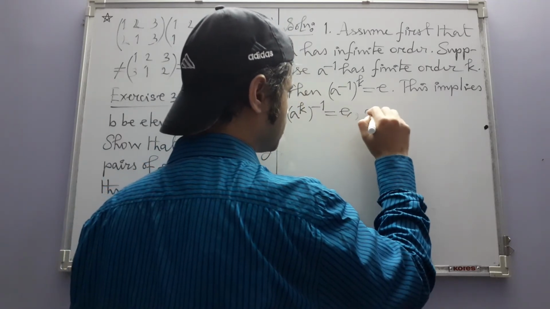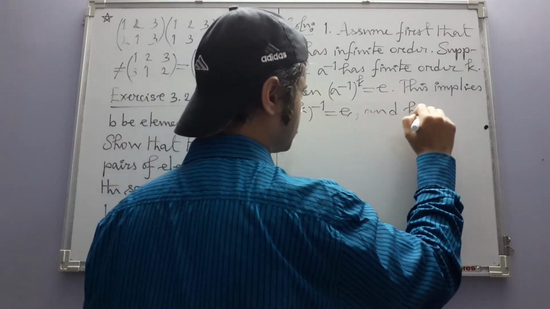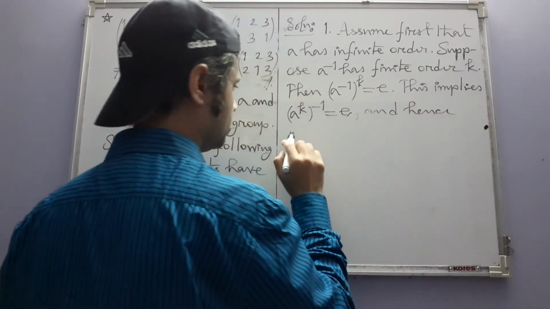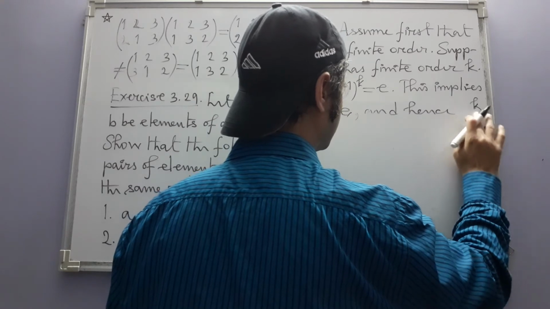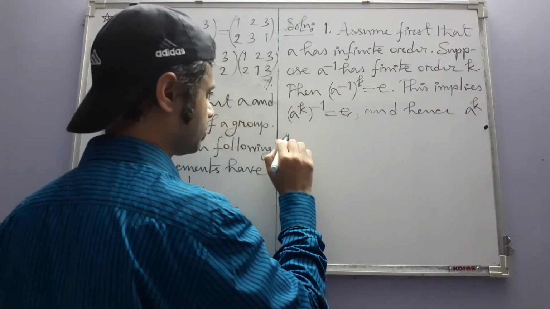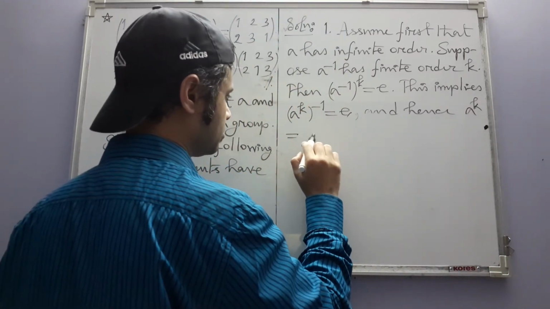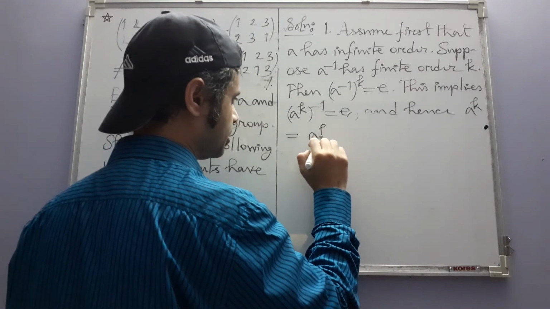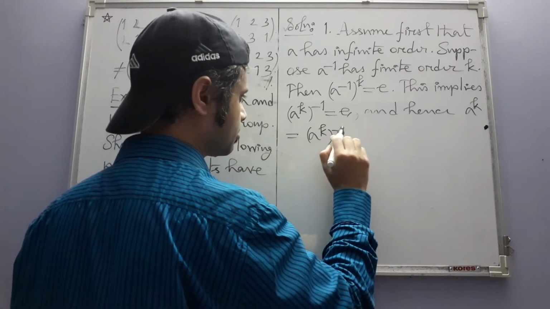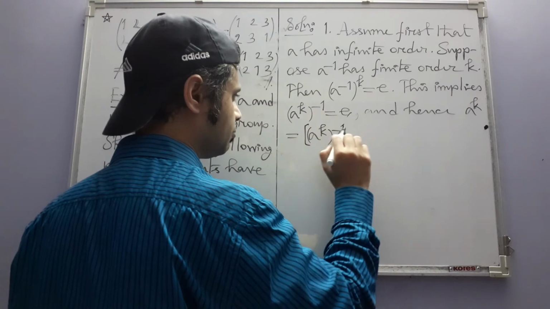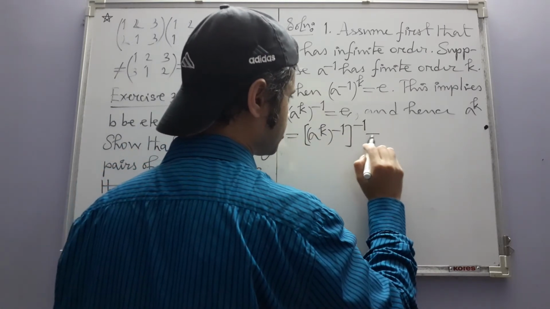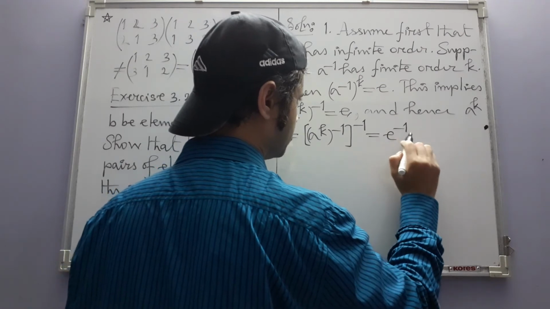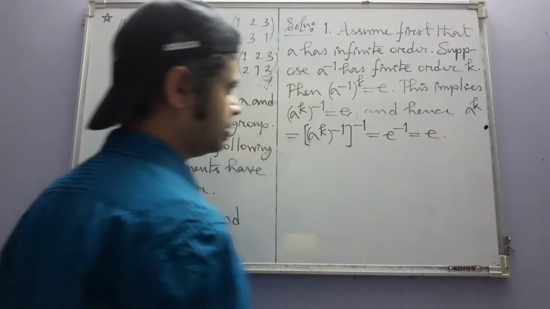And hence a to the power k, which by one of the elementary group theoretic laws is the inverse of its own inverse, is also equal to the identity.